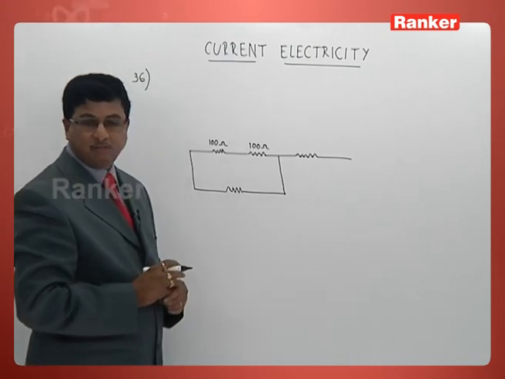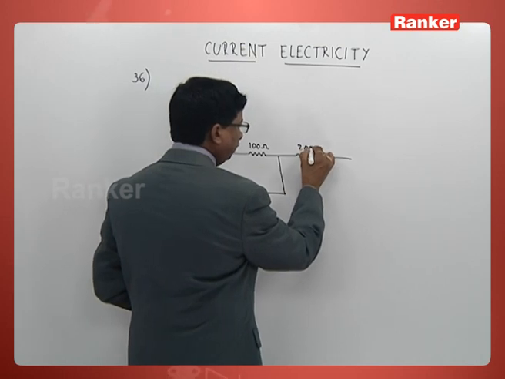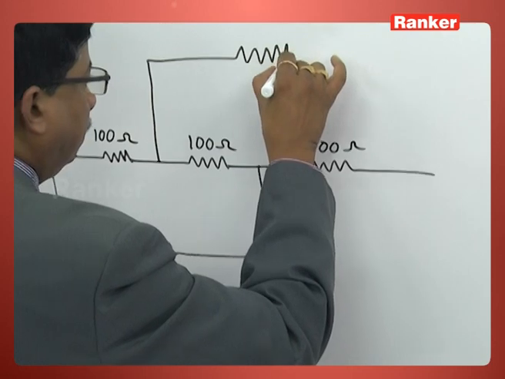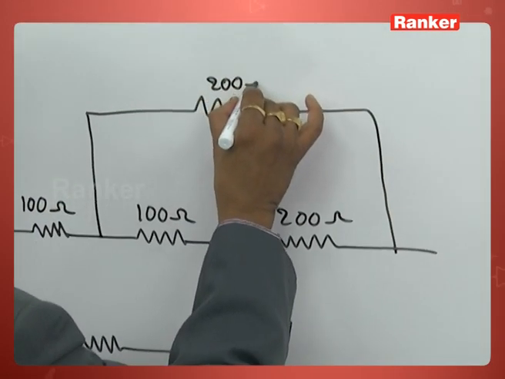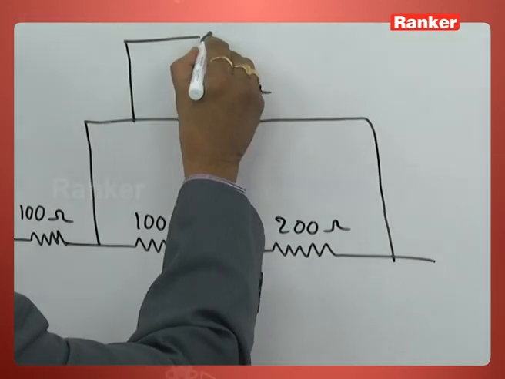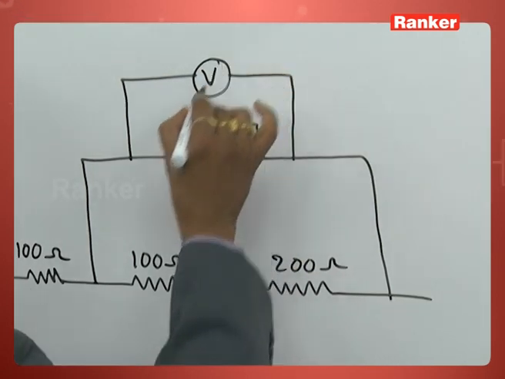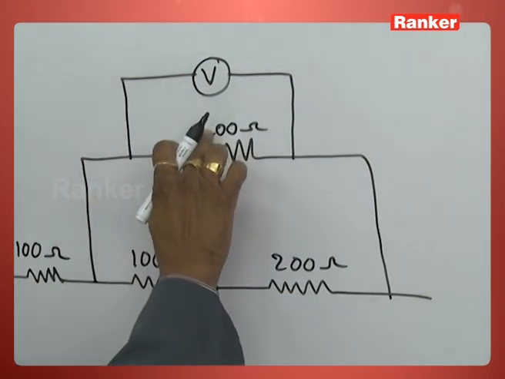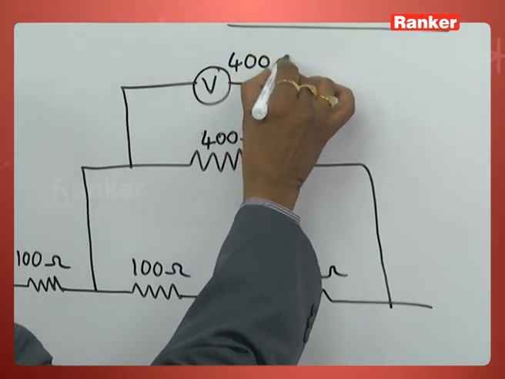And other values, this is 200 ohm that is given. Here is another resistance like this that is connected across. This is also 200 ohm. And across this, voltmeter is connected this way, right? So that is what actually has been given. And this resistance in fact is given 400 ohm. This is also 400 ohm given.